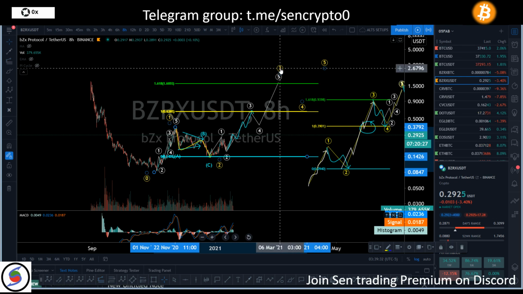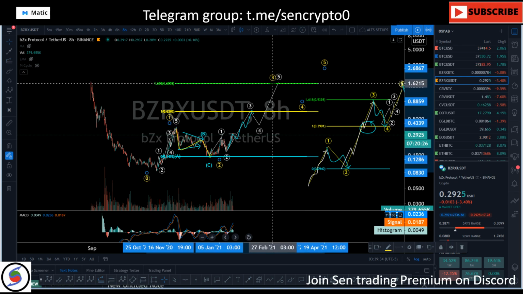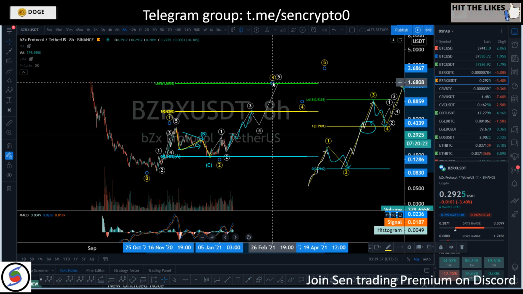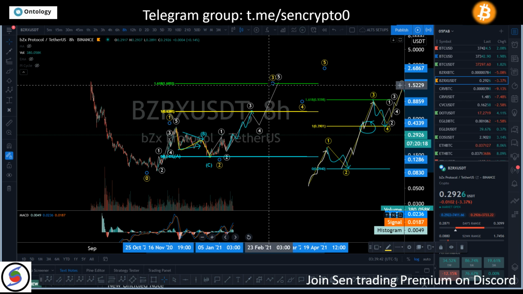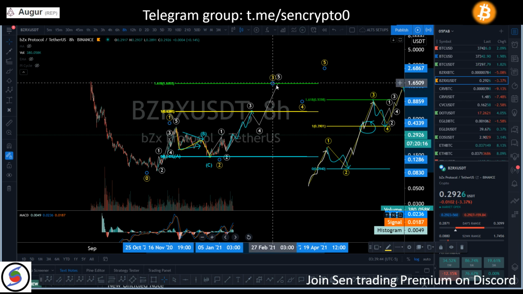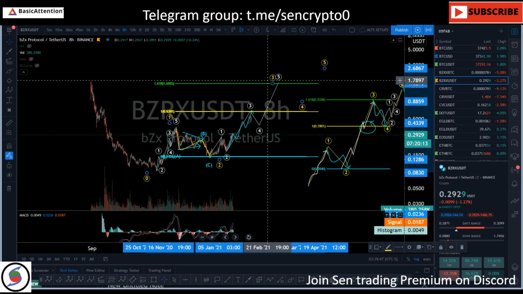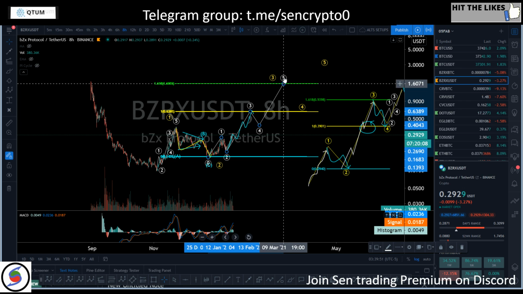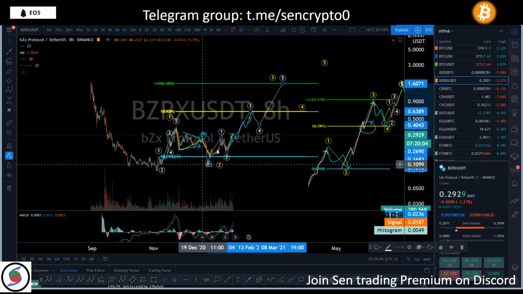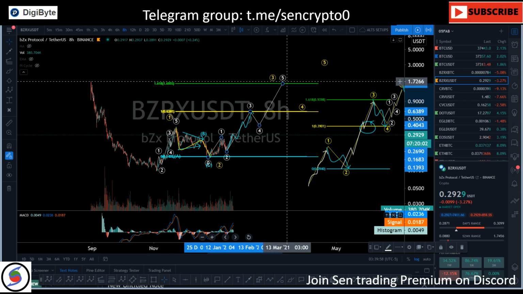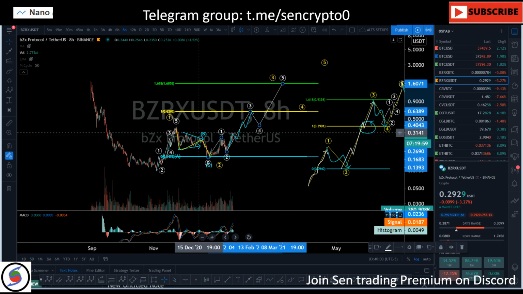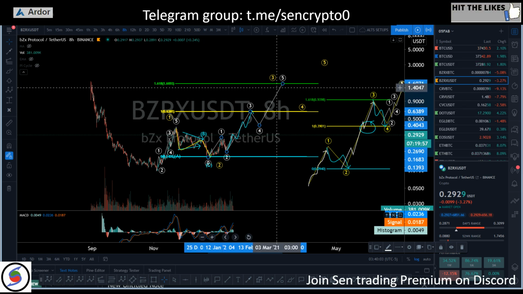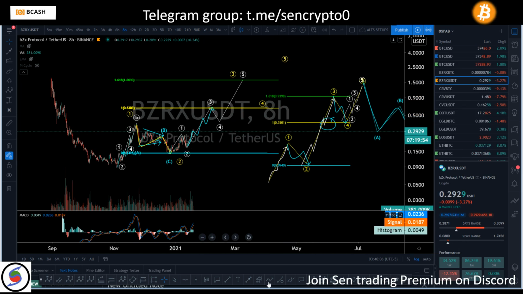Then you're going to be expecting your wave number 3 at 1.618, which is just about $160. So that's what we're expecting from BZRX bulls, to pump the price all the way up to 1.618, just like what I just showed you.